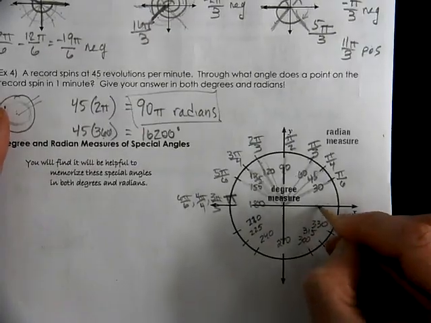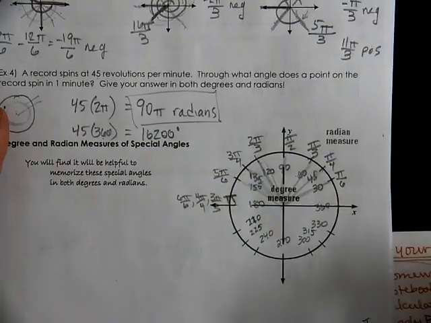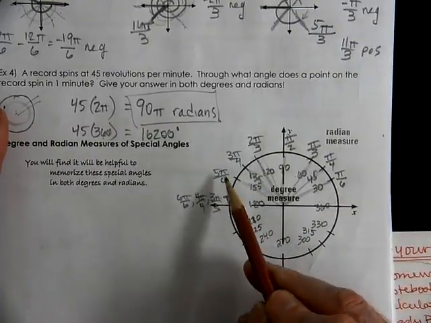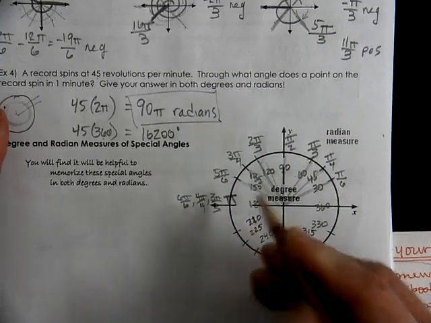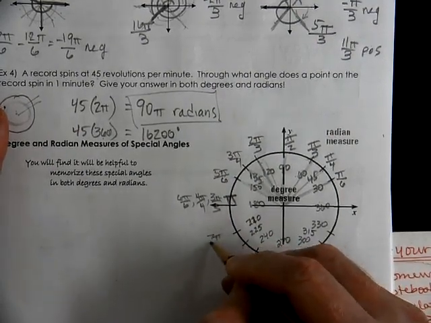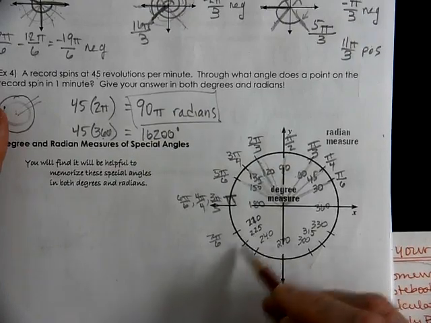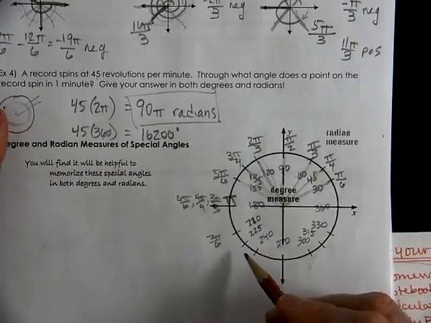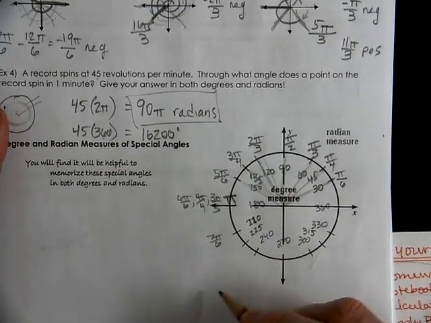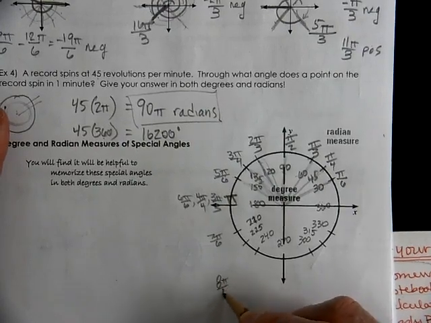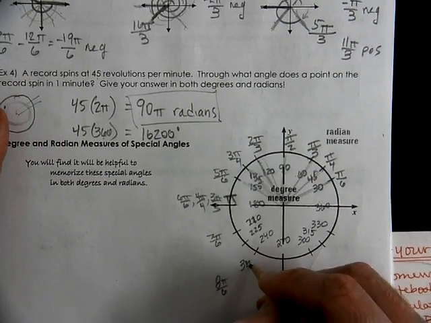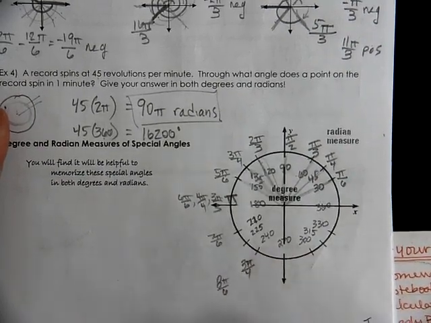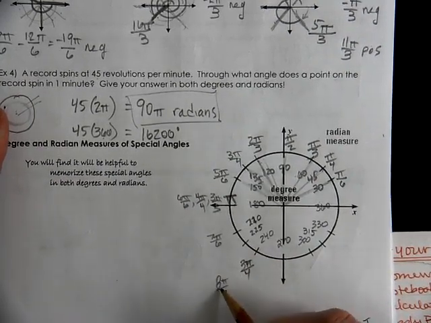So you see we have our degree values on here. Now we're just going to continue. 5 pi over 6, 6 pi over 6. This would be 7 pi over 6. I got to skip the middle one because those go by 4s. This would be 8 pi over 6, which can be reduced. 3 pi over 4.